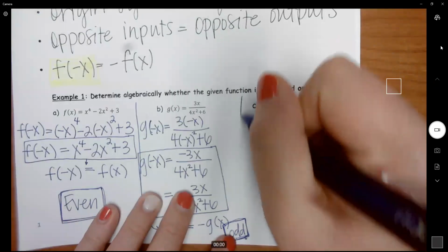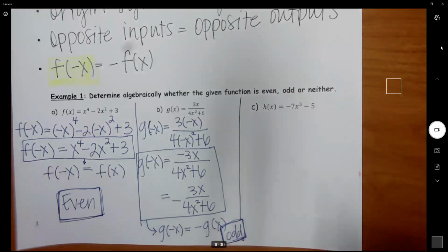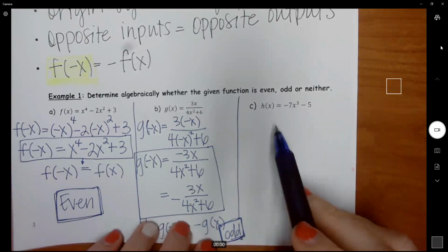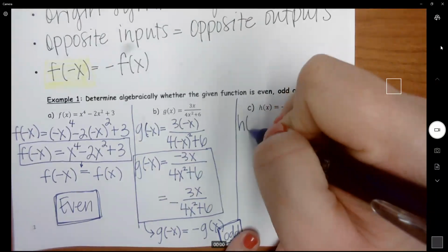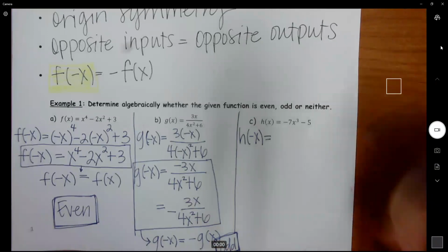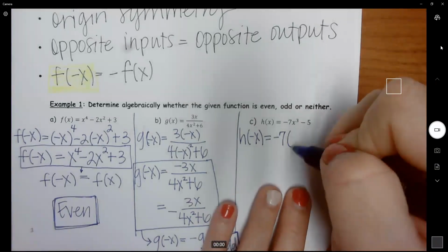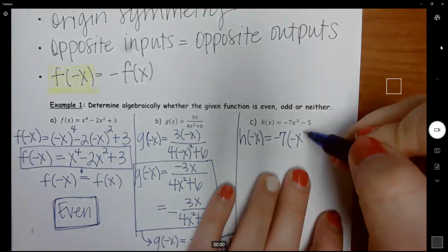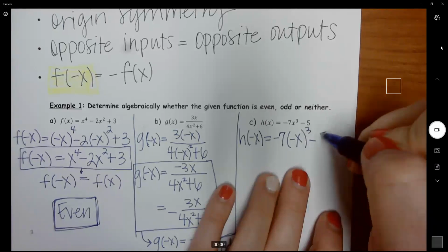Okay, and then C. So now we have h of x. So I'm going to go h of negative x, because that's what I'm doing. I'm replacing x with negative x no matter what. So I've got negative 7 times negative x cubed minus 5.